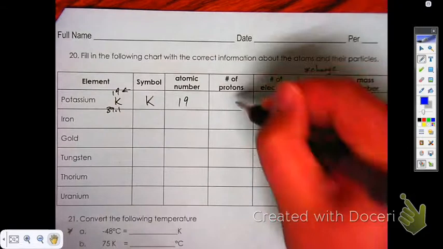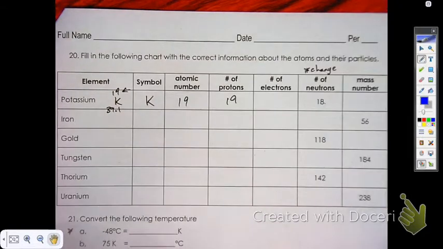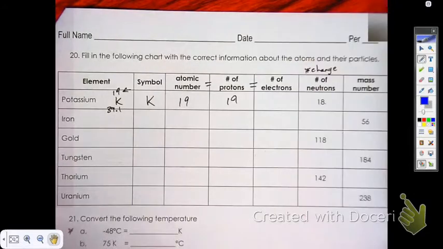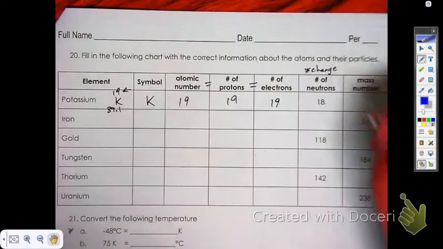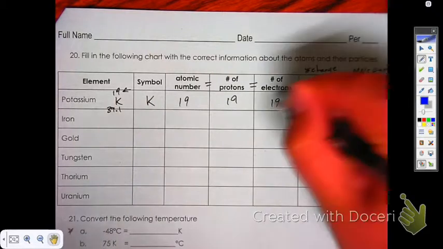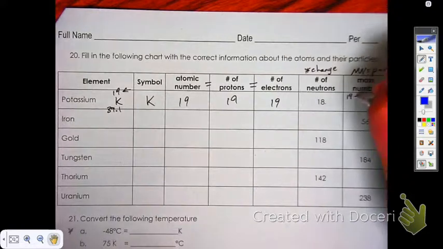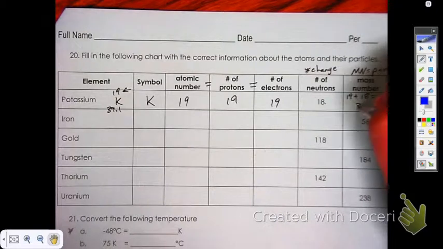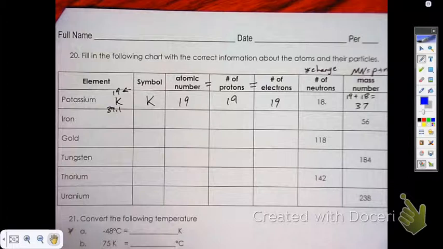The number of protons is also 19. The number of electrons, remember these have to be equal because it's a neutral atom, is also 19. And finally for mass number, remember the mass number is equal to the protons plus the neutrons. Protons 19, neutrons 18, so when we add those together we get 37. And that's how I do this chart.